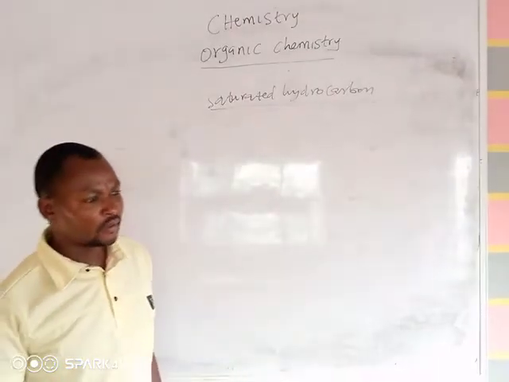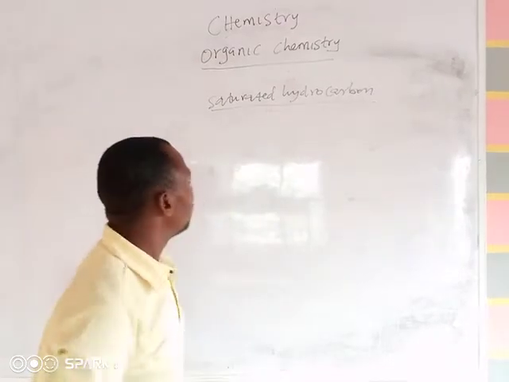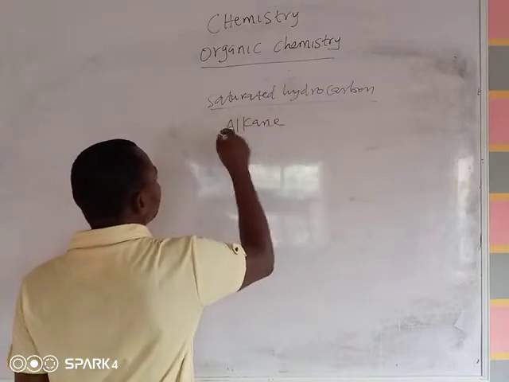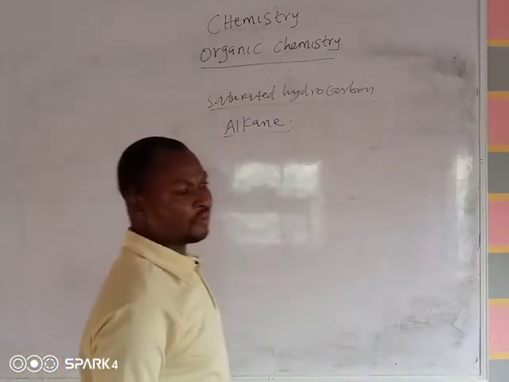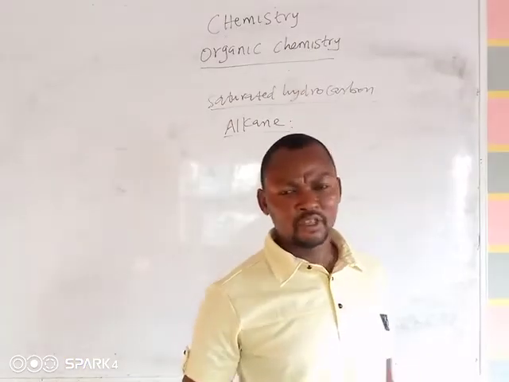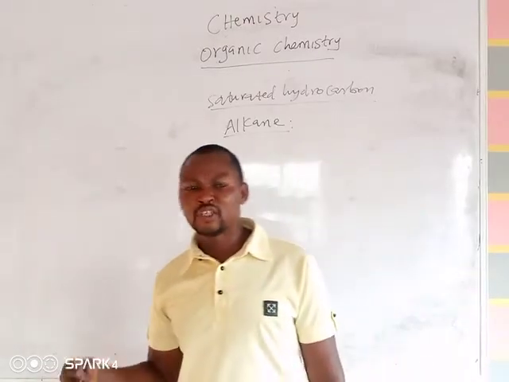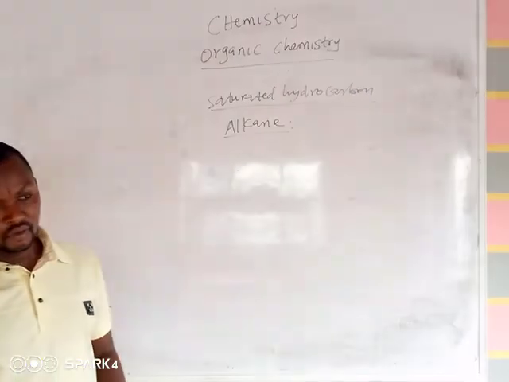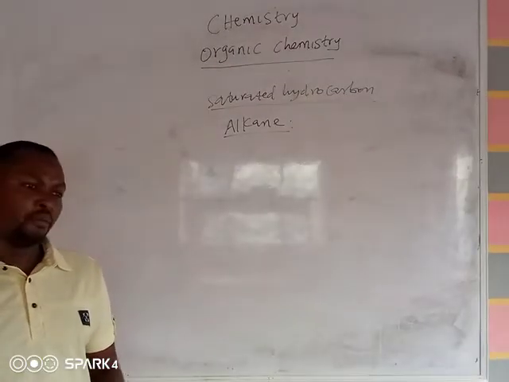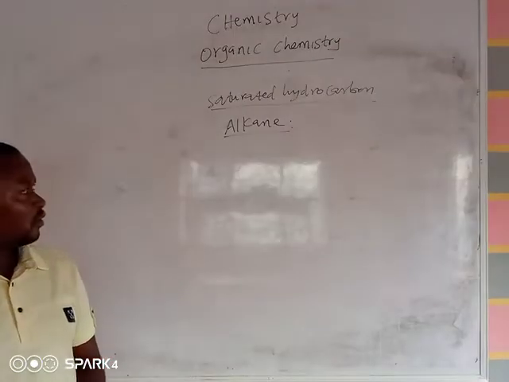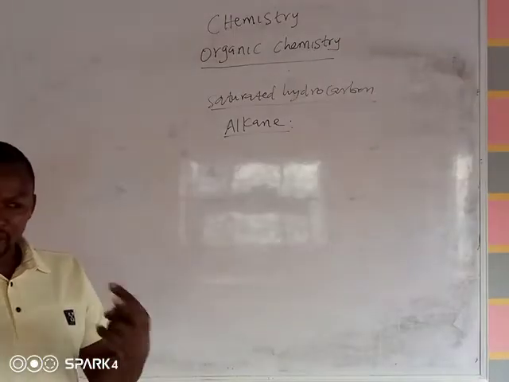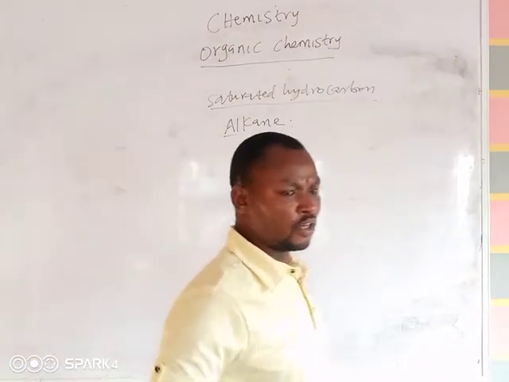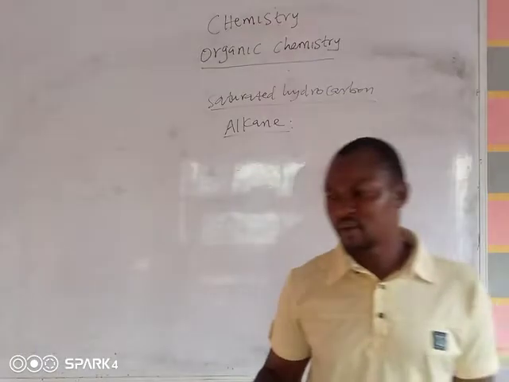So alkane is what we want to discuss under saturated hydrocarbon. Alkane has a single bond in between carbon atoms. That means there are some compounds that have a double bond, while there are some that have a triple bond. So alkane has only a single bond in between carbon atoms.